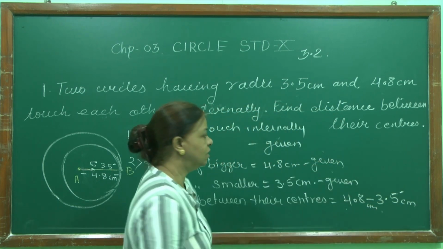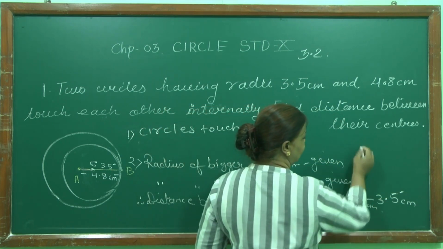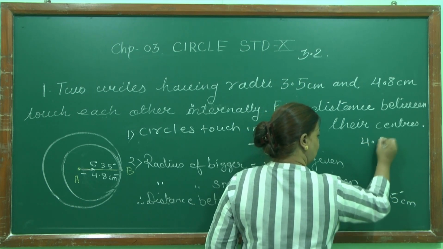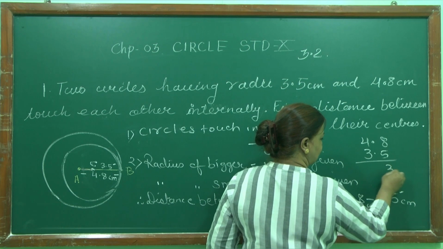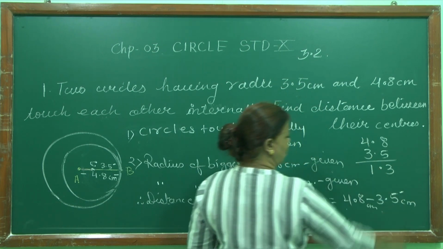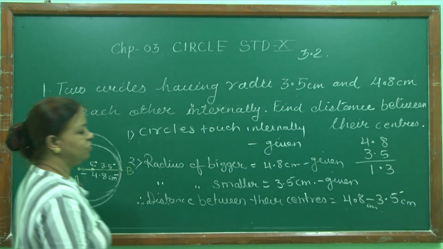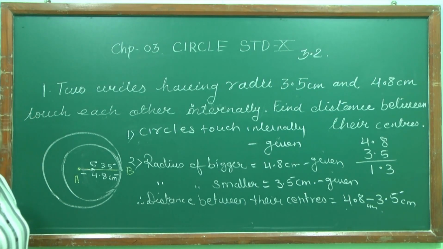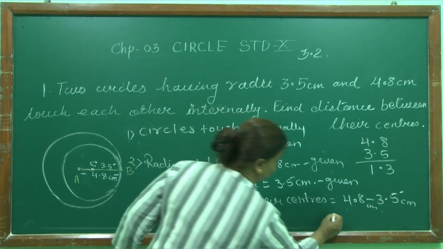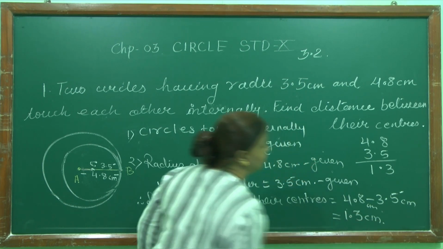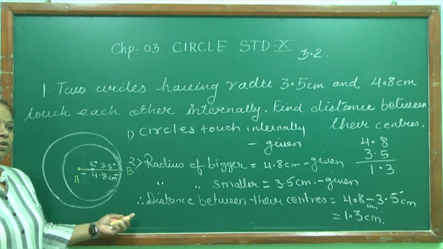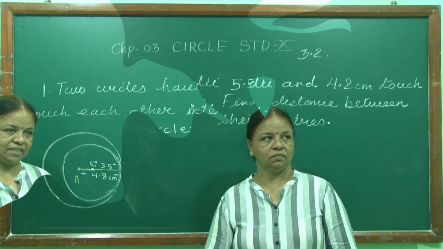I will show you here, because here the decimal points are there and children are bound to make mistakes. 4.8, 3.5: 8 minus 5 is 3, 4 minus 3 is 1. So the distance between the centers of both the circles will be 1.3 centimeter. You can pause the video, children, and you can solve this.